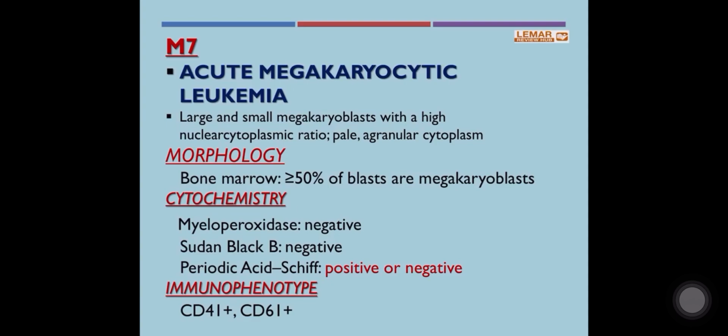Remember yung mga megakaryoblast or platelet precursors. MPO should not be positive but may be positive for the PAS stain. Please take note that in M7, the megakaryoblasts are positive for CD41 and CD61.